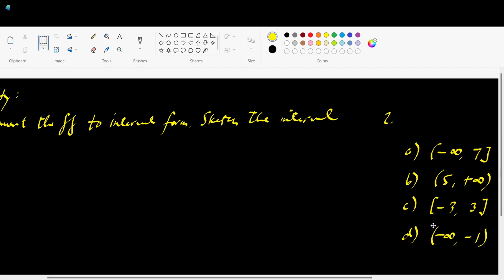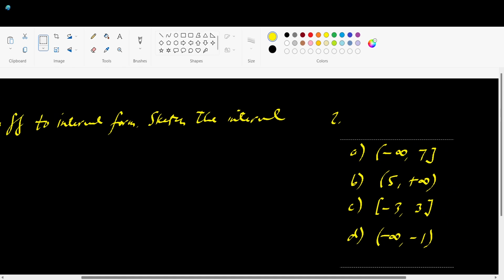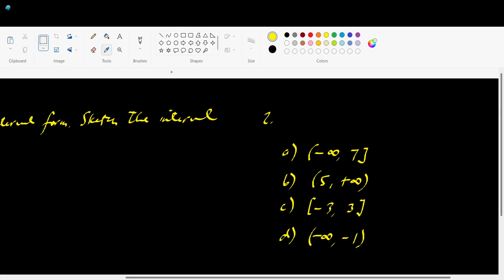Okay, convert the following to inequalities, and then sketch the interval.